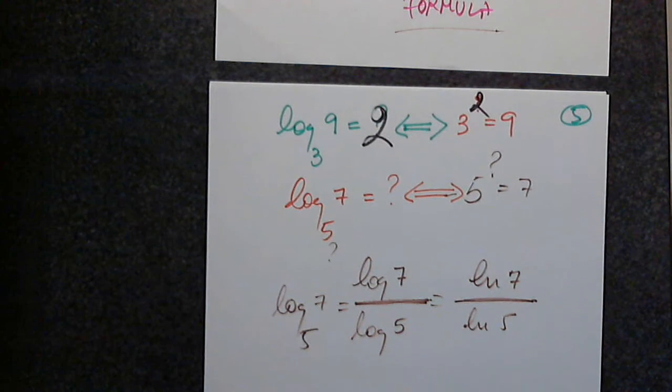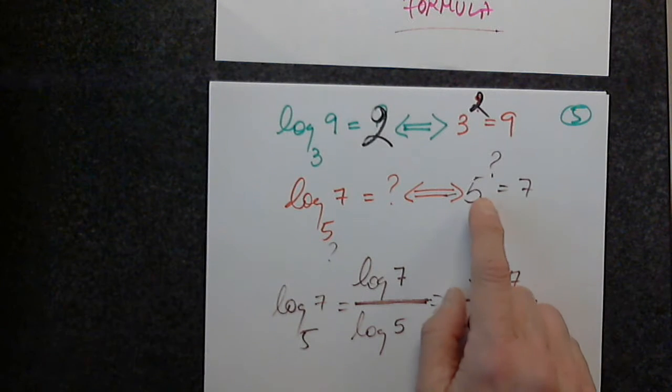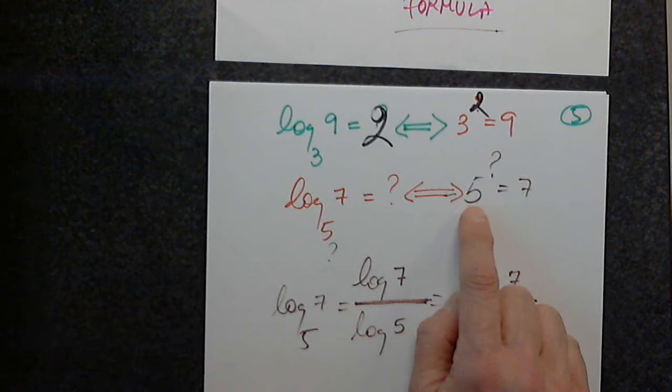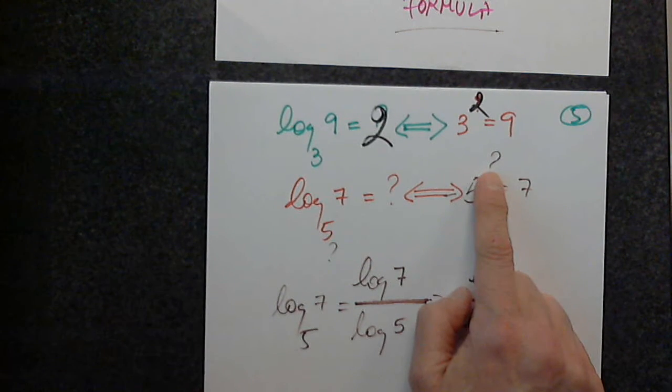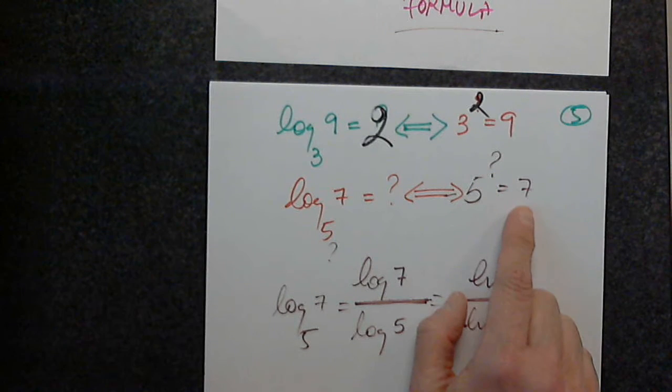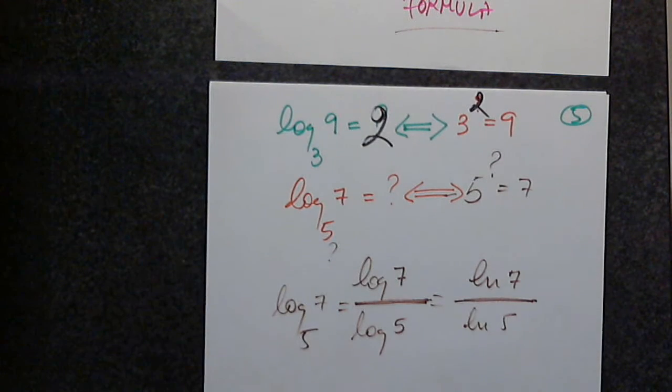Here's how I check the answer. I raise 5 to whatever I found, and if the answer is 7, then it's the correct answer. So don't erase what you have. Let me show you how we should do this. 5 caret, in parentheses, the previous answer.